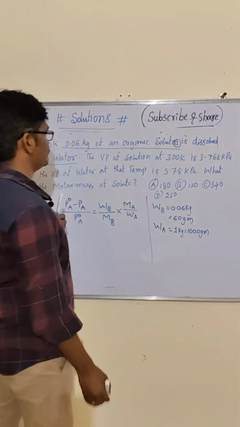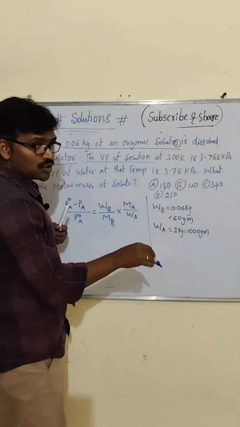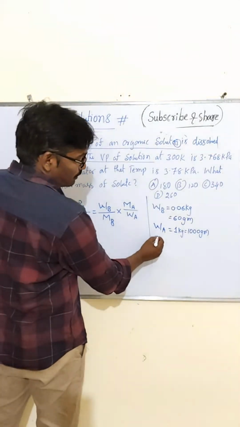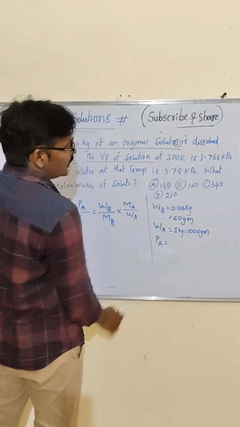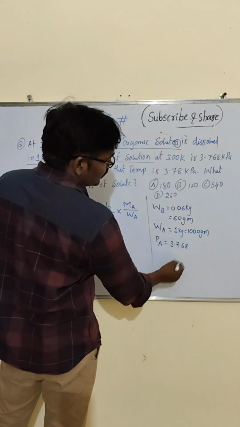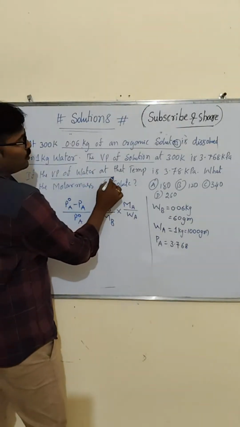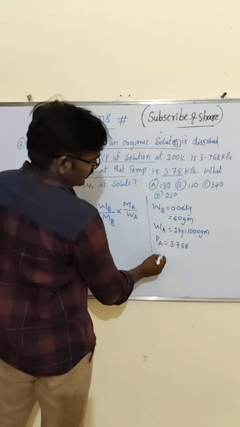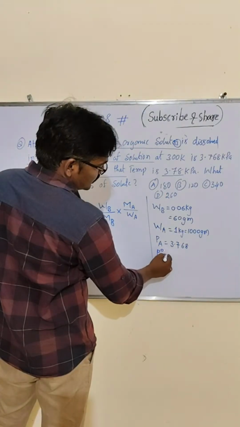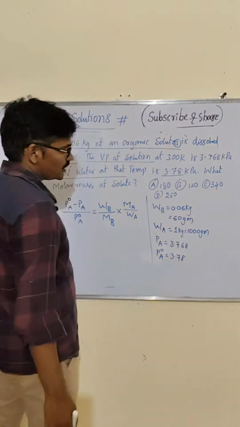Next, vapor pressure of solution, nothing but PA, not P naught A, PA equals 3.768 kilopascals. Then vapor pressure of pure water, P naught A, equals 3.78.